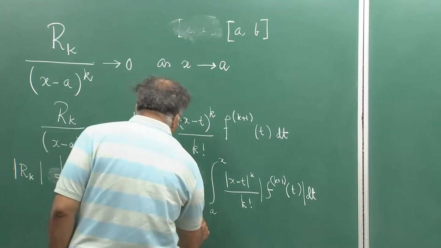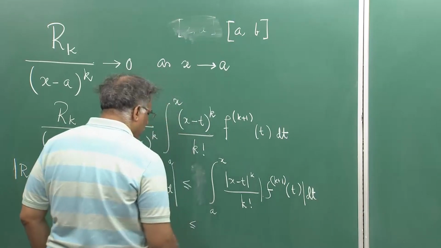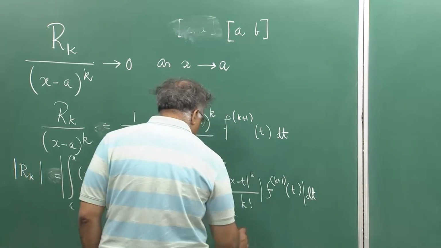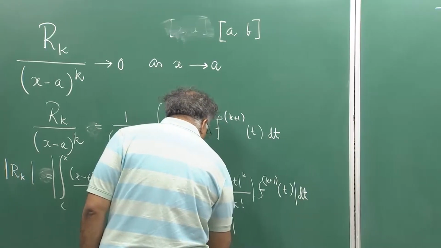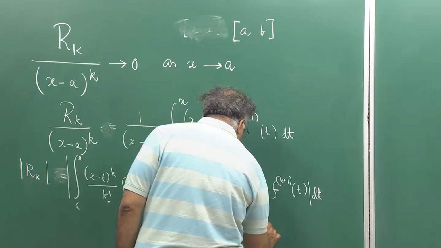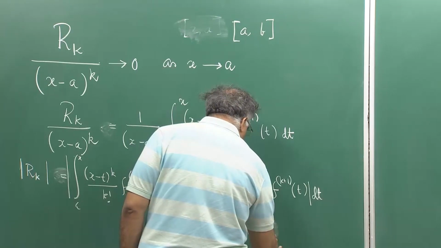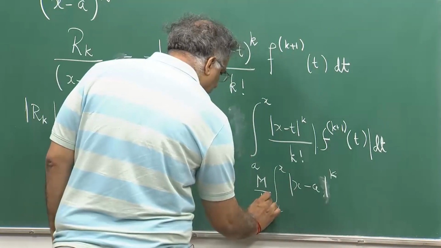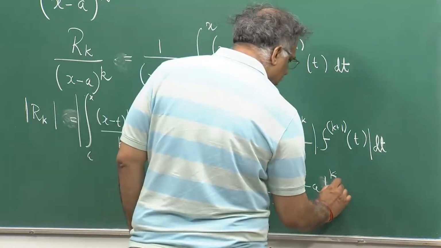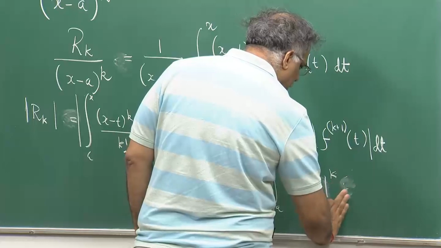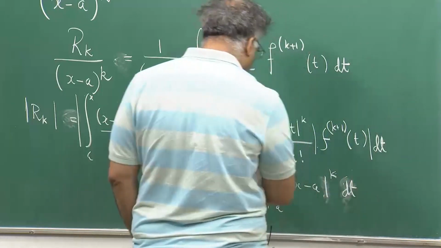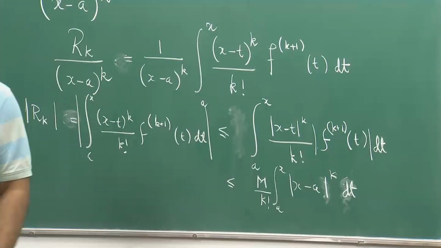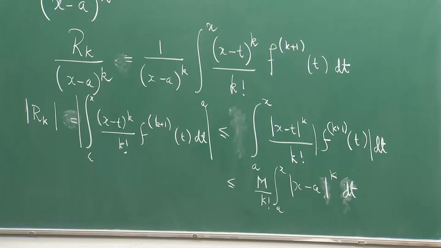So, basically you will get from here the integral from a to x of some M times (x minus a) to the power k by k factorial dt. This is less than or equal to M because this is a bounded function.